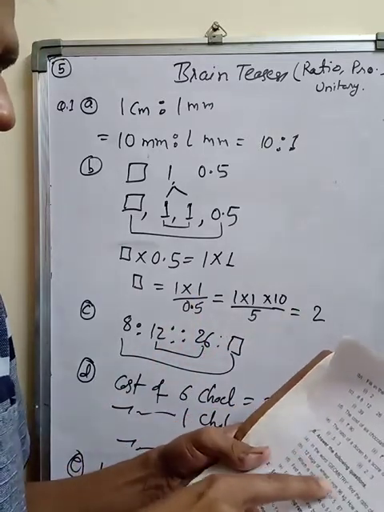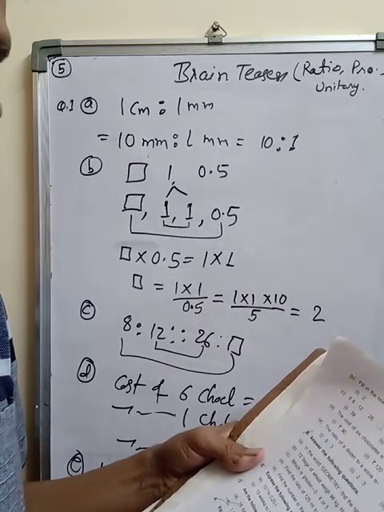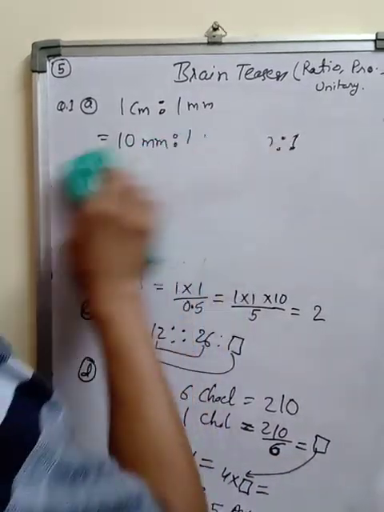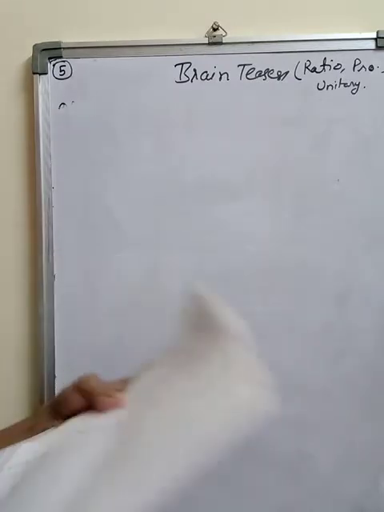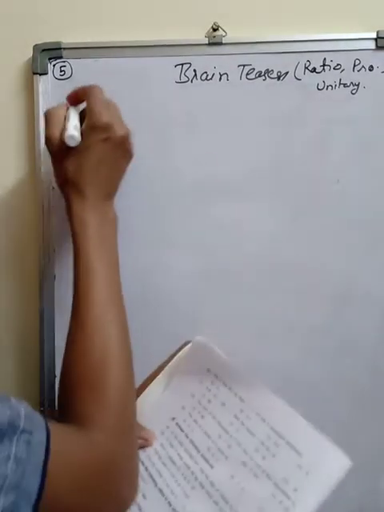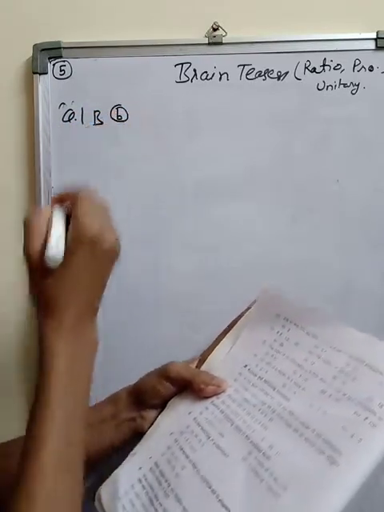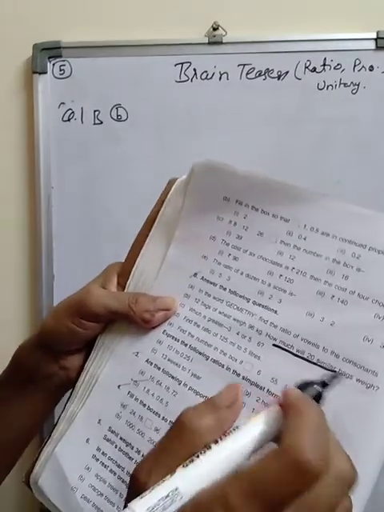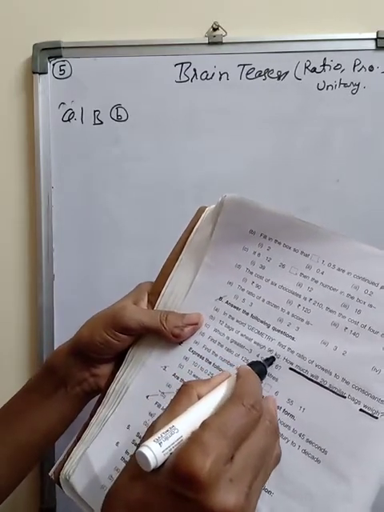Next question, 12 bags of wheat weigh 96 kg. How much will 20 similar bags weigh? I am showing you the wording. 12 bags of wheat weigh 96 kg.